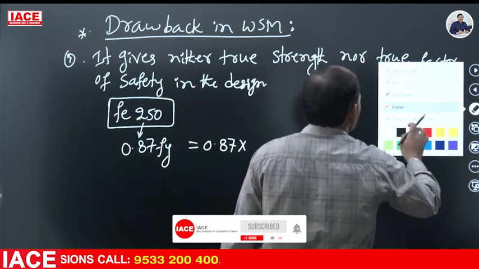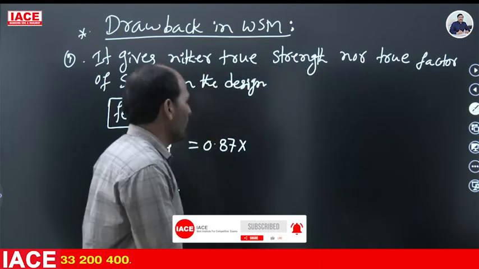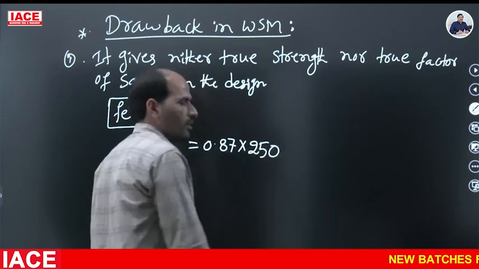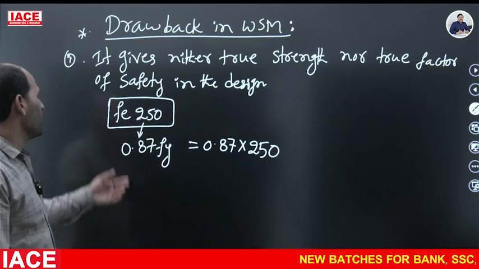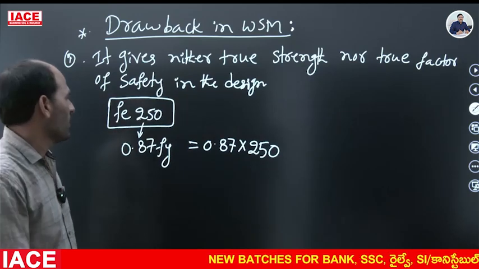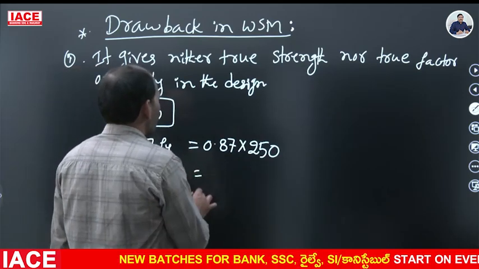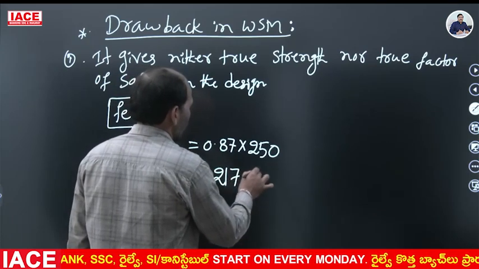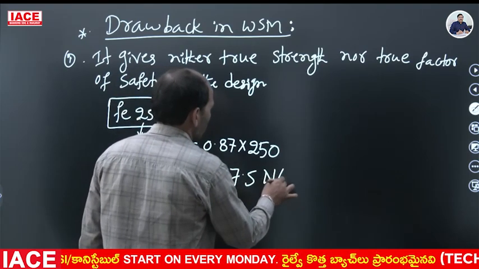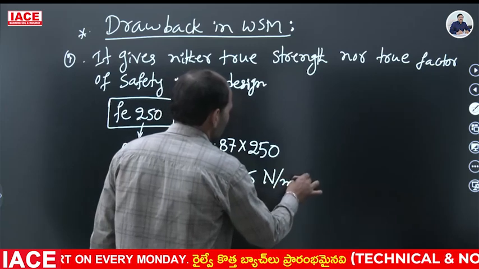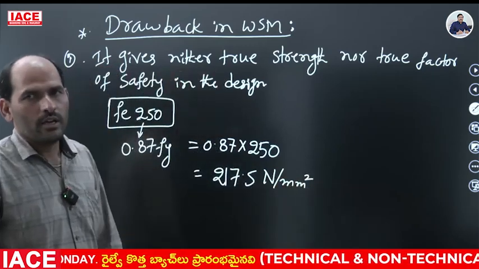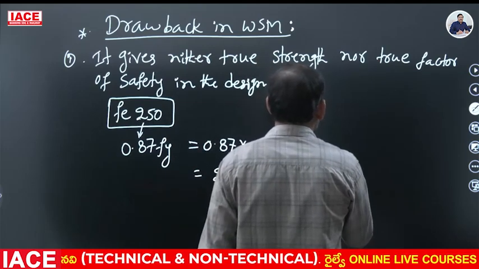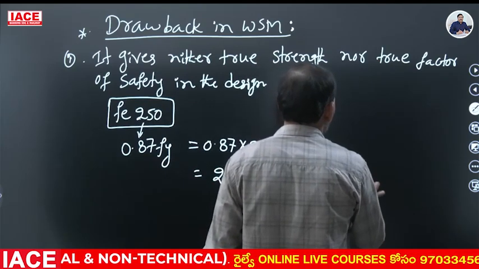Because we take Fe 250 grade of steel, we get 217.5 Newton per mm square only. This Newton per mm square is also known as megapascal.